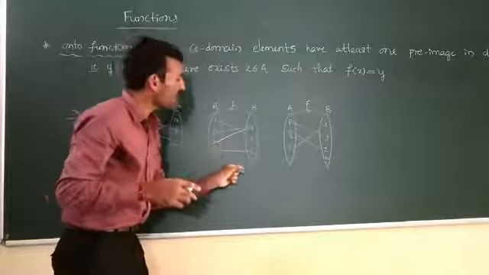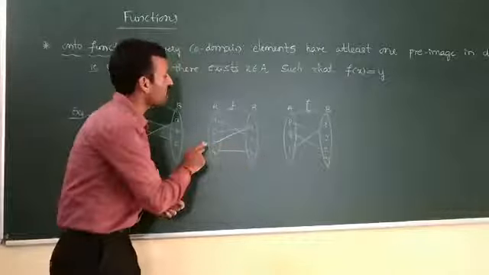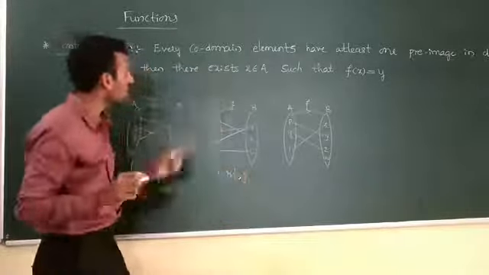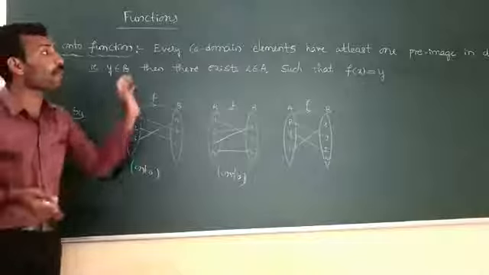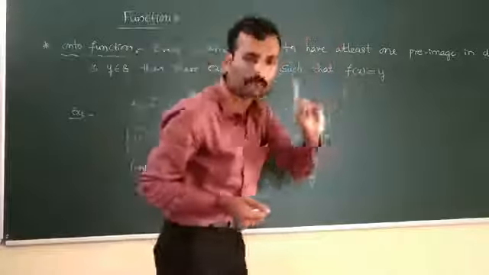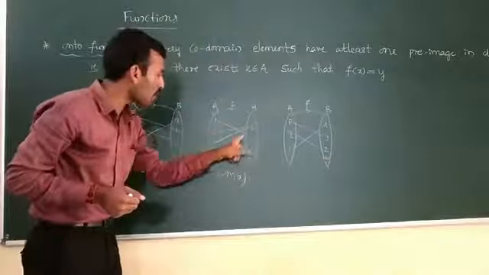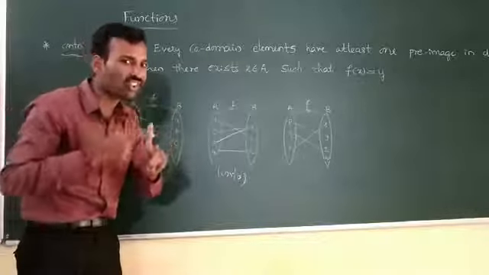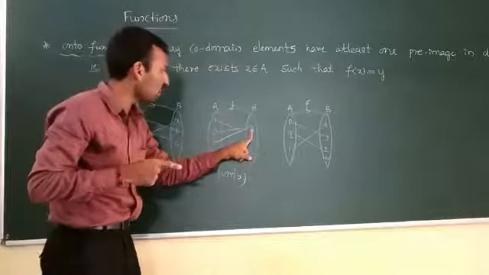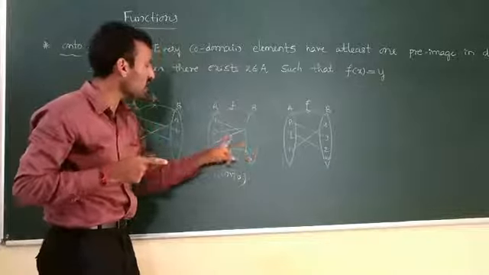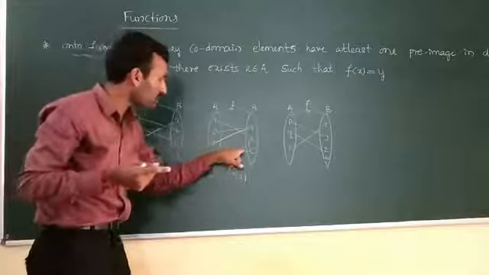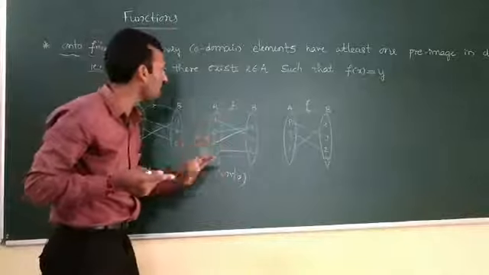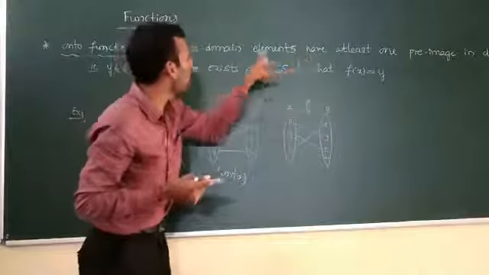That's why codomain is equal to range, and this function is also an onto function. For clarification, every codomain element has at least one pre-image. A has pre-images 2 and 3. At least one is needed; more than one is also fine. B has pre-image 1, and C has pre-image 4. That's why every codomain element has a pre-image.